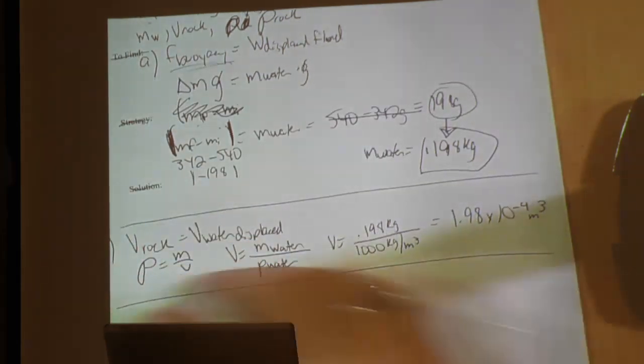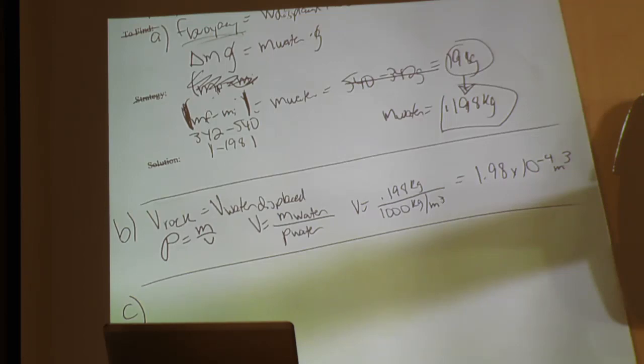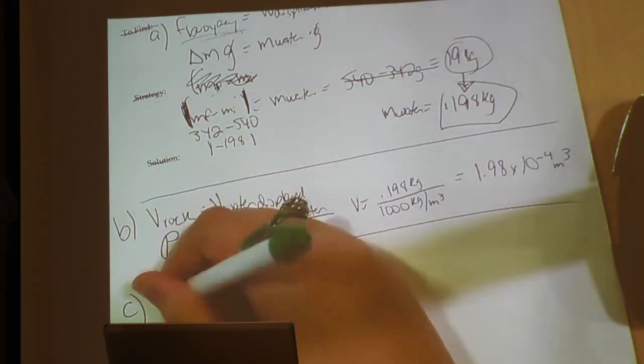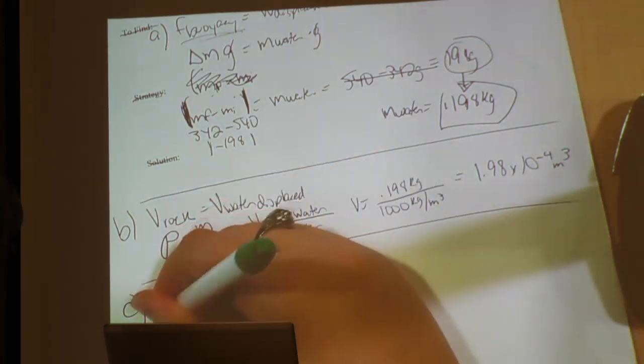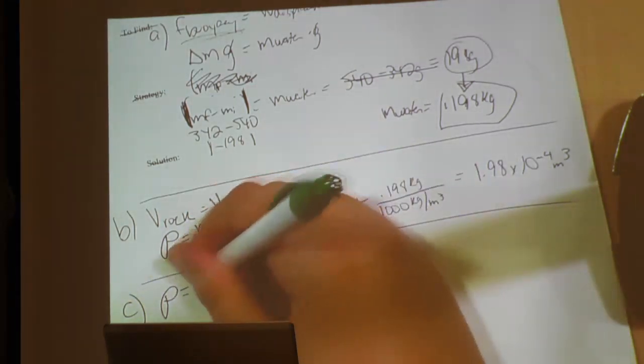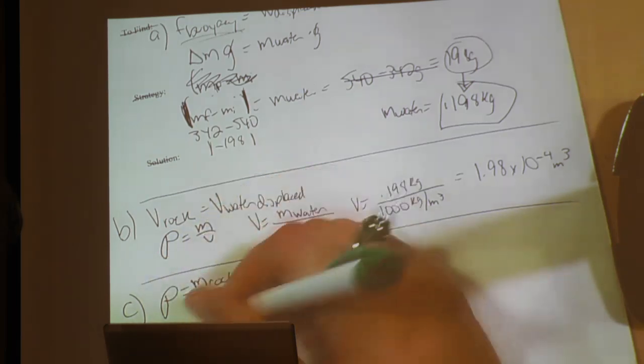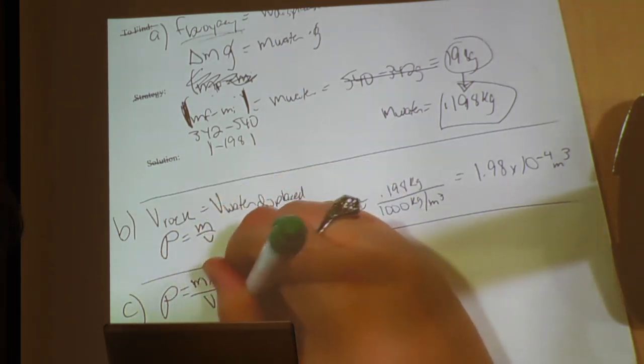All right, so part C is then to find the rock's density. So we're going to use, again, the density equation. Remember, our little p stands for density. So density will be equal to mass of the rock over the volume of the rock.